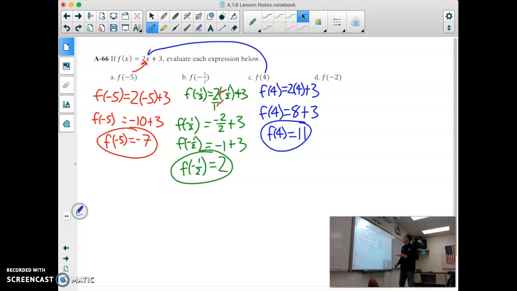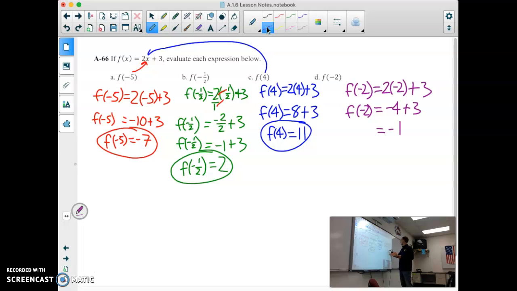And then last one, we've got f of -2. f of -2 is 2 times -2, and then adding 3 onto it. So this becomes f of -2 is equal to -4 plus 3. So our final answer for f of -2 is -1.